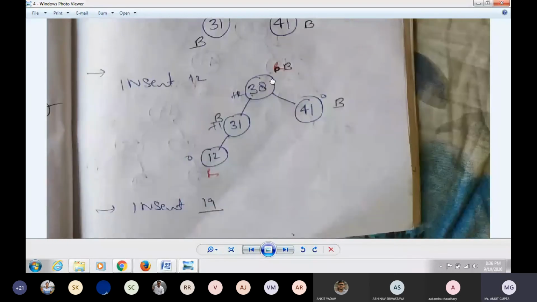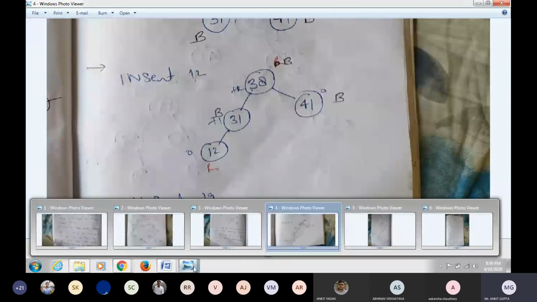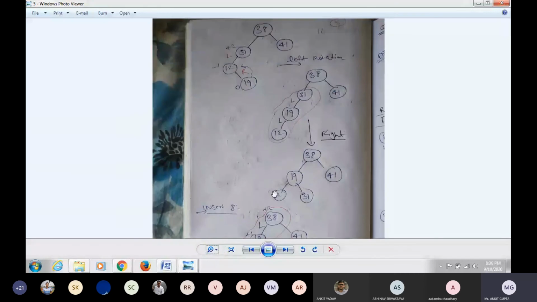If I insert 19, it will come in the right side of 12. Now you can check the balance factor: 0, minus 1, plus 2.